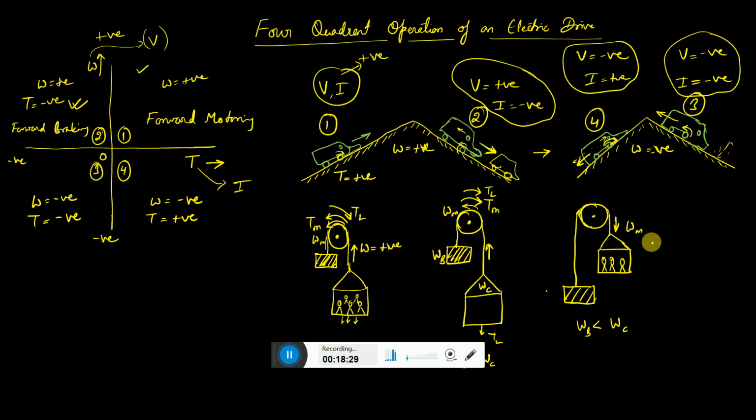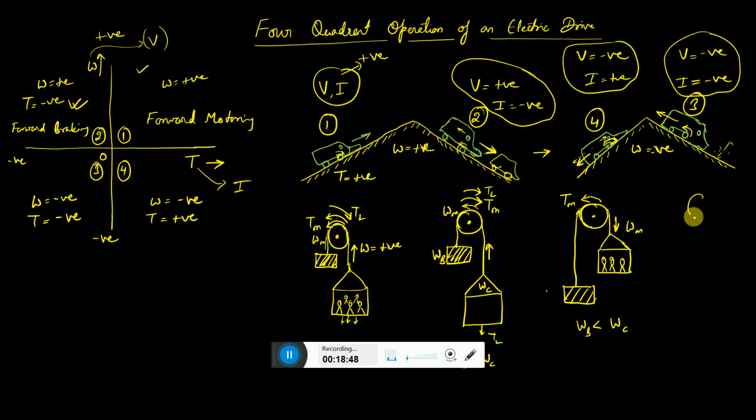So omega m is negative. Since the right hand side weight is heavier, we need to give a torque on the left hand side. That means positive torque we have to give. So in quadrant 4 you have a positive torque and the speed is negative.